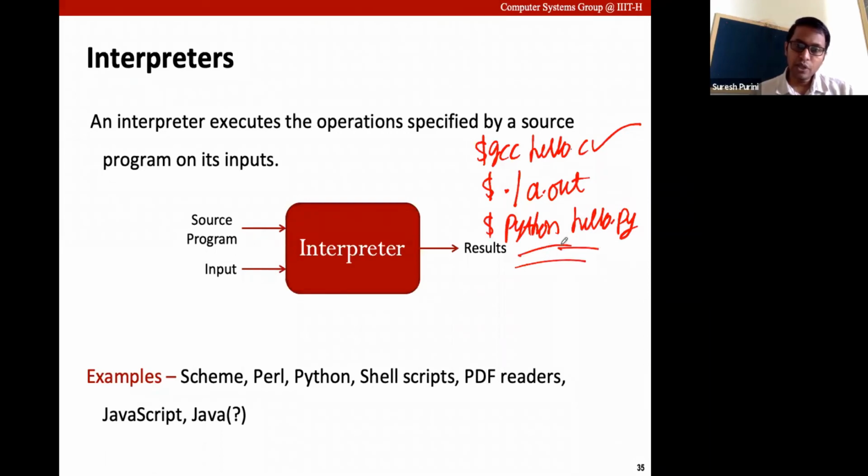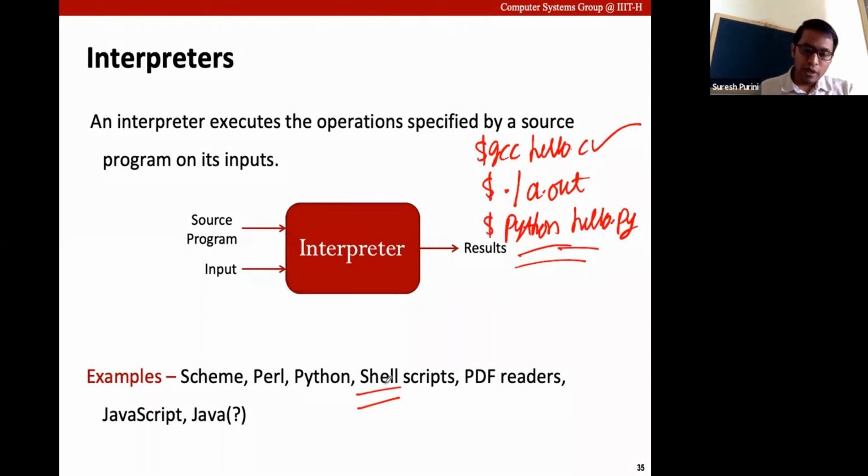Your Python program is not translated into target machine code; it is interpreted directly. These are called interpreters, and these languages are called interpreted languages. For example, in your UG1 or in some IT workshop course, you may have learned shell programming. In shell programming also, your bash shell interprets the shell script, with no translation of the script into machine code. Similarly, Perl and JavaScript are also interpreted languages.